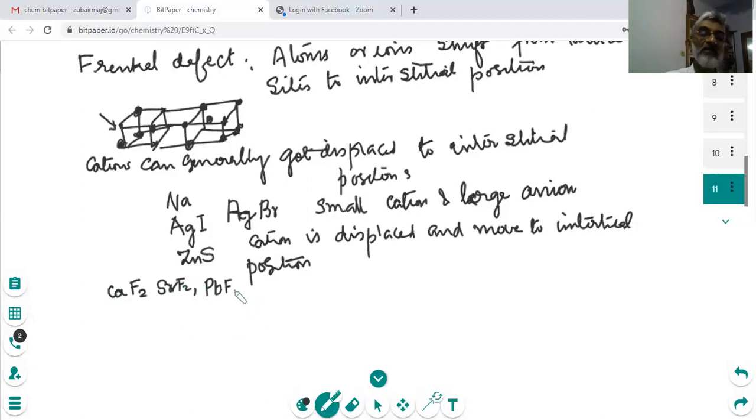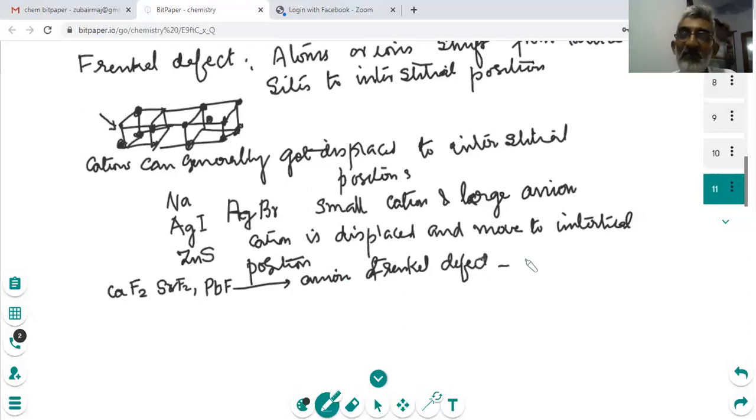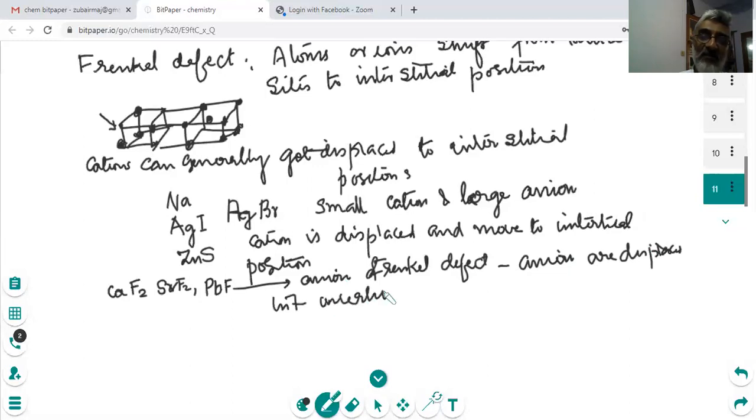They show the anion Frenkel defect, meaning anions are displaced into interstitial positions.